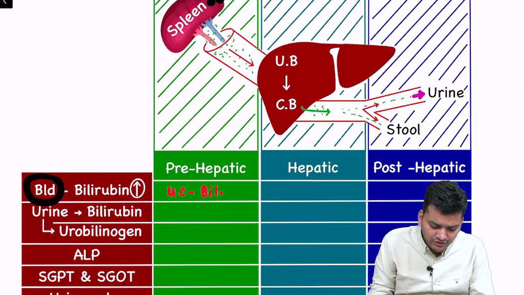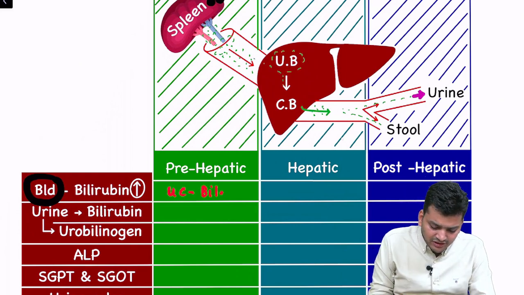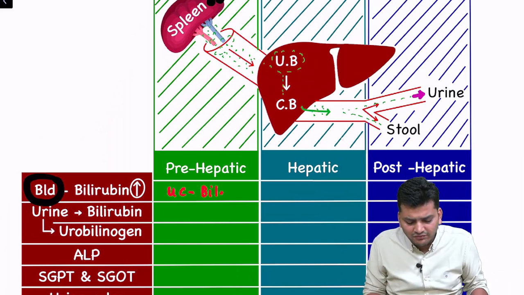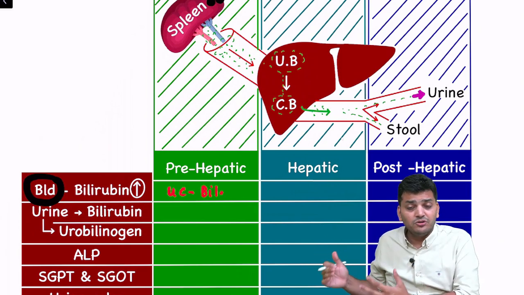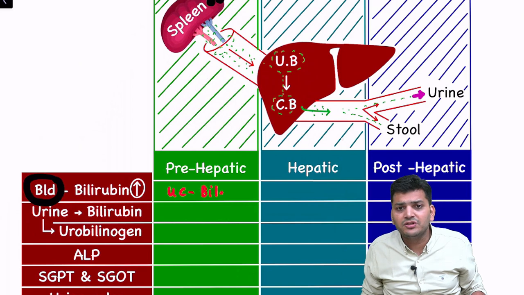So now this unconjugated bilirubin, where will it go? It will reach the liver. Once it reaches the liver, it will get converted into conjugated bilirubin, because there is no problem in the liver. Then conjugated bilirubin will come in the urine. Conjugated bilirubin will convert into urobilinogen and stercobilinogen, which will come in the urine and stool.